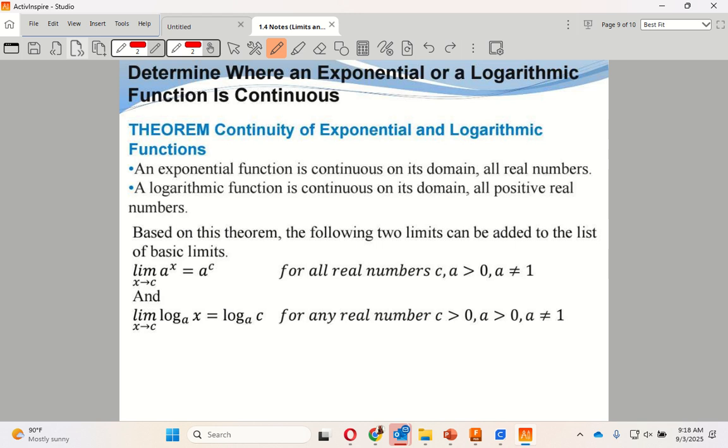Now, anyone know why a cannot equal 1? These two things are interchangeable. We can change those out. So a. What is a to the second power?